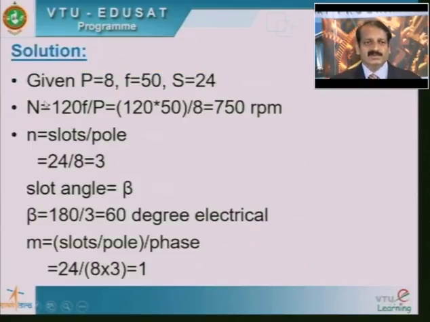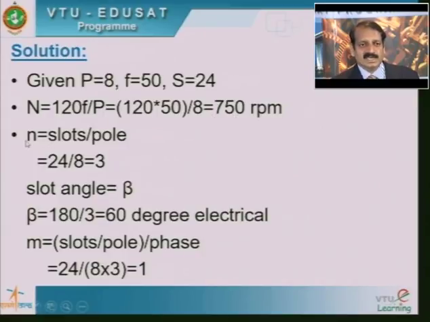Now, the given data: number of poles is 8, frequency is 50, and the number of slots S is altogether 24. Now, we can calculate speed, because frequency is given, as 120 f by P, which is 120 into 50 divided by 8, which is equal to 750 rpm.